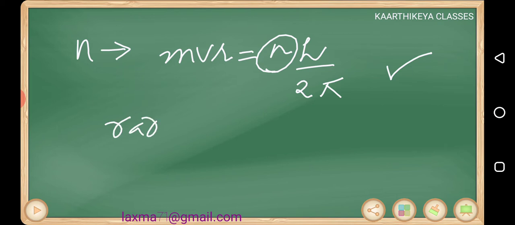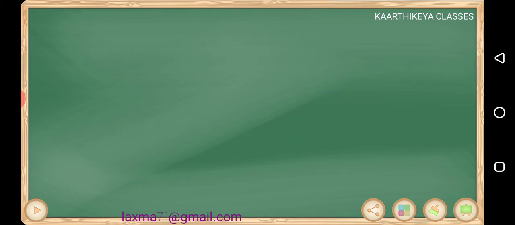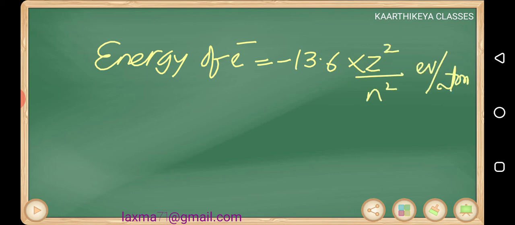Next, according to Mr. Bohr, the radius of the orbit is 0.53 times n square by Z angstrom. Again n is there, so it decides the radius of the orbit. Similarly, the energy of the electron is minus 13.6 times Z square by n square electron volt per atom, again decided by n.